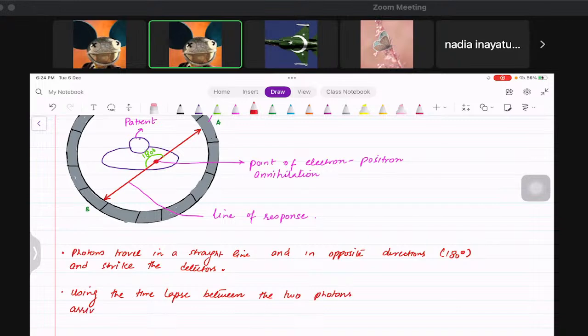Arriving at the detectors, the position on the line of response can be established.